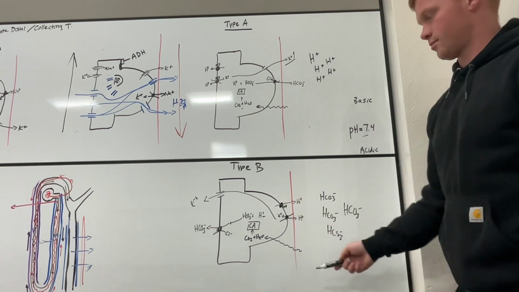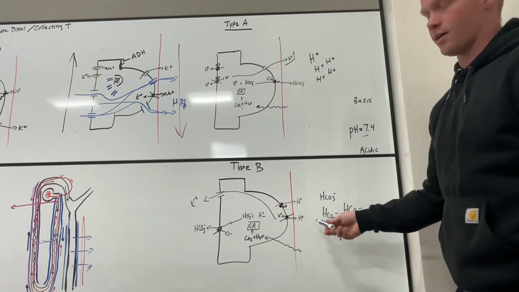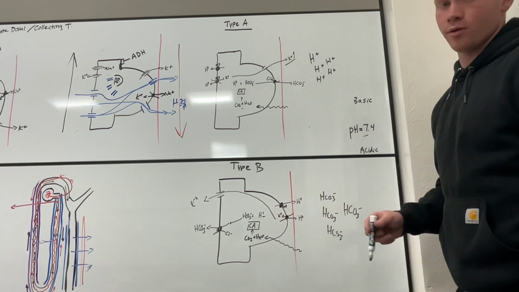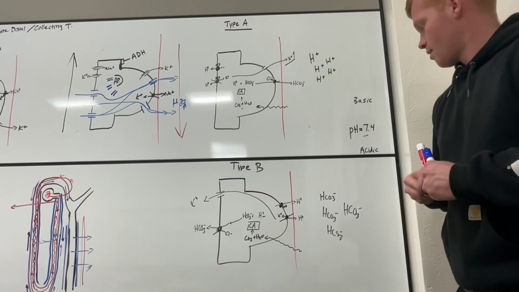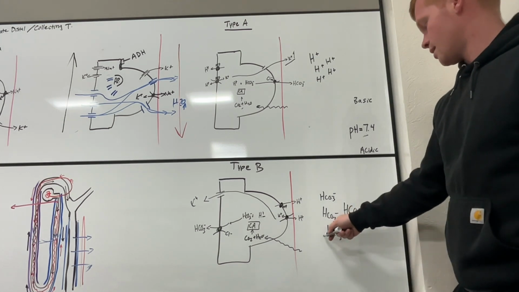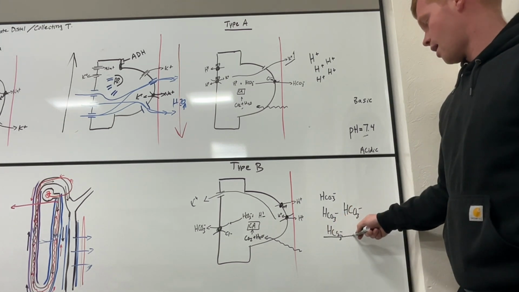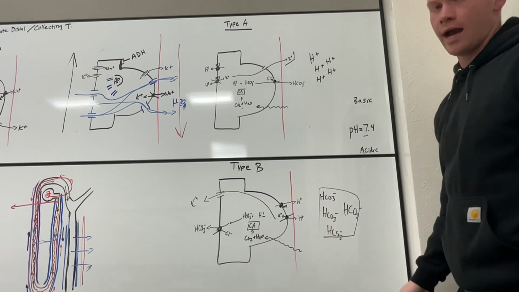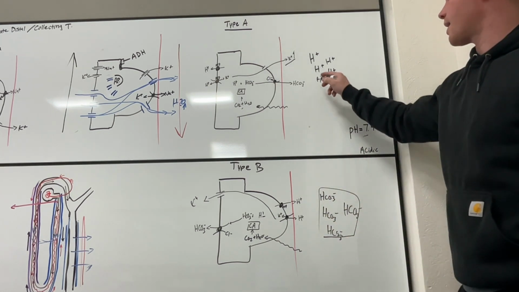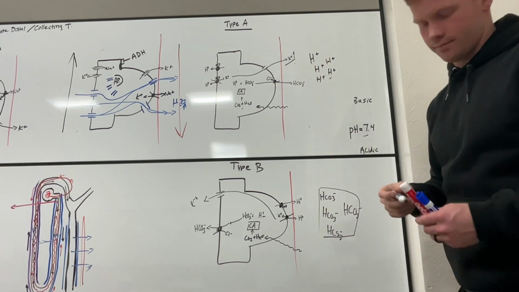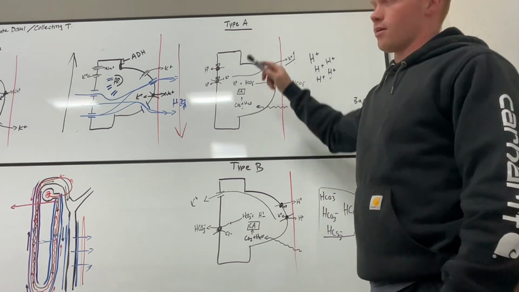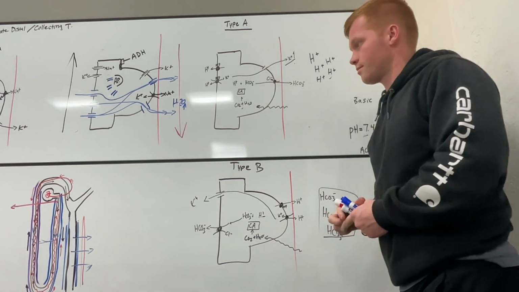We're pumping potassium out of the blood to bring the hydrogens in. So that's going to lead to hypokalemia. So that's how alkalosis leads to hypokalemia, and acidosis leads to hyperkalemia. It's through these intercalated type A and type B cells.